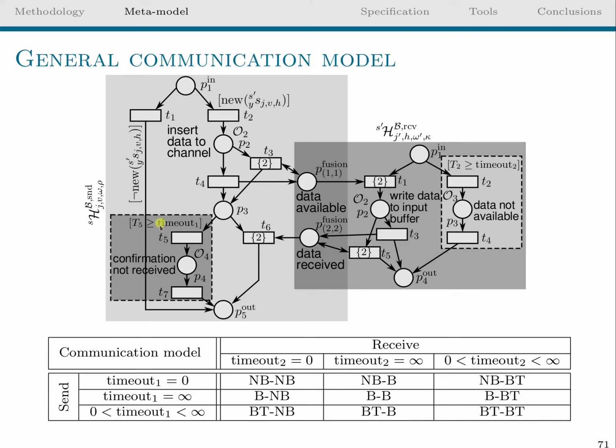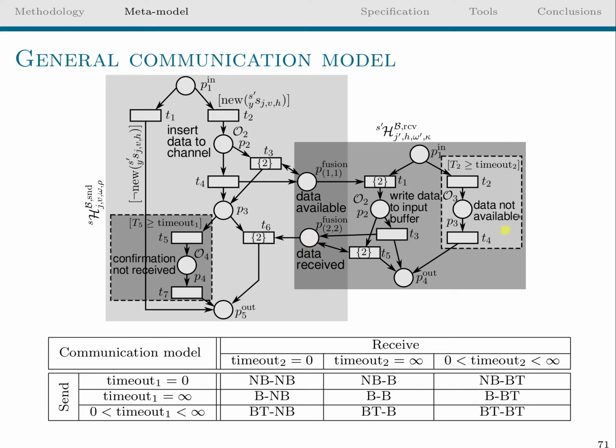But since timeout1 is 0, we can fire this transition without waiting. So by introducing timeout1 equals 0, we can simulate the non-blocking mode of the sender. And by introducing timeout1 equals infinity, we will be waiting here endlessly until the data is received.